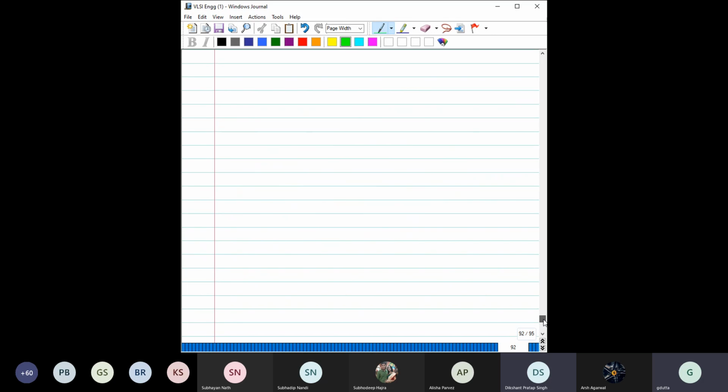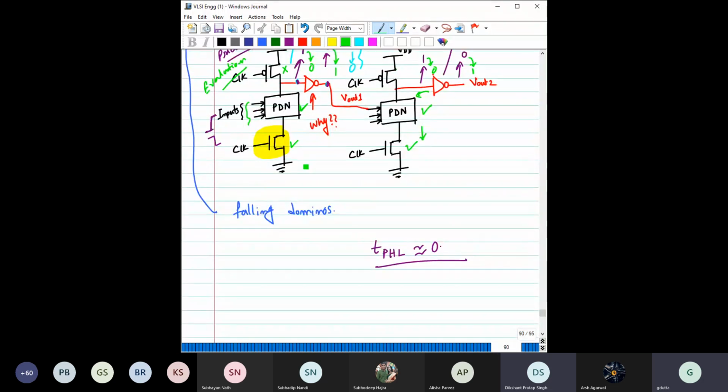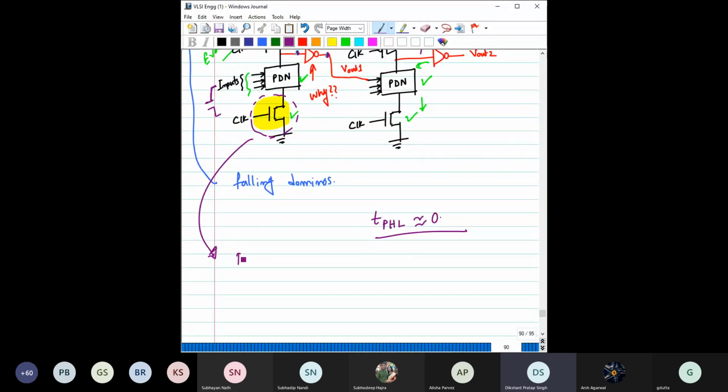Now the question is: is this NMOS redundant for domino logic? Is this NMOS necessary in domino logic?